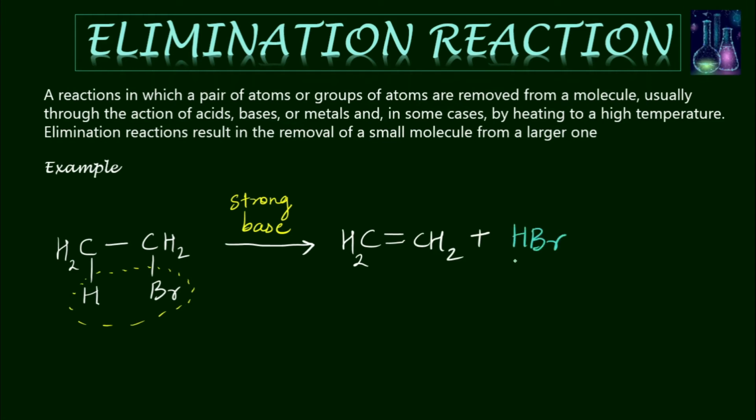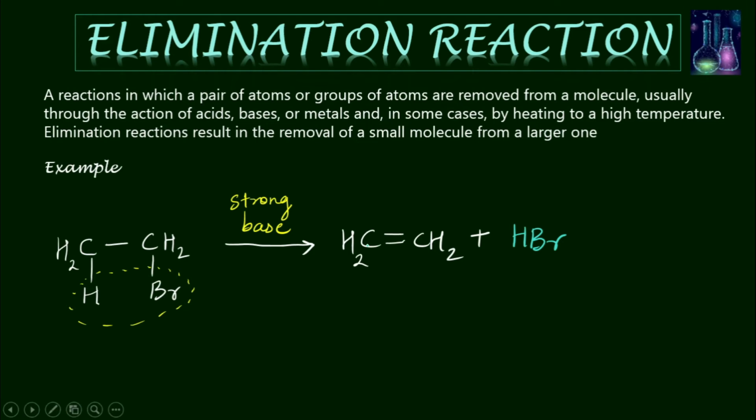Now this is an acid and the medium is a strong base, therefore you will get salt and water depending upon what kind of base you are using. So this is just a general example of dehydrohalogenation. Here a hydrogen and a halogen are removed.